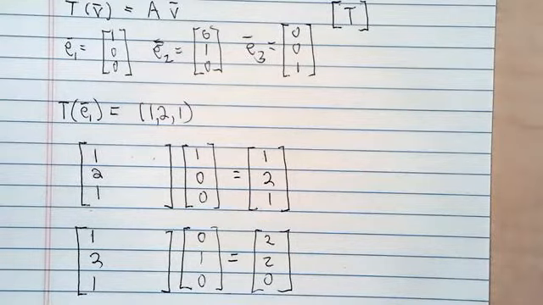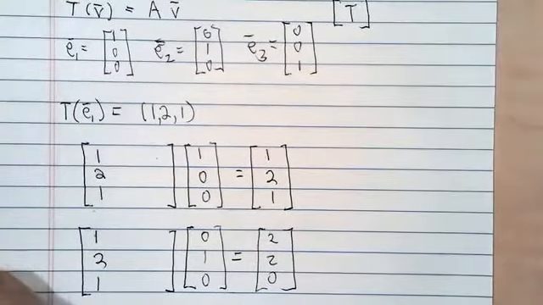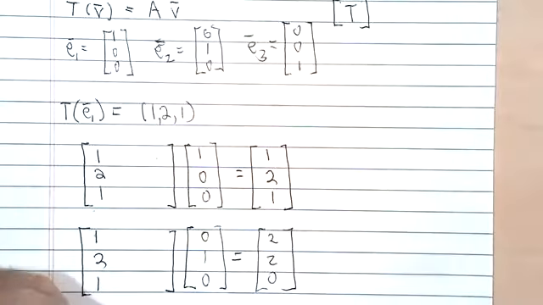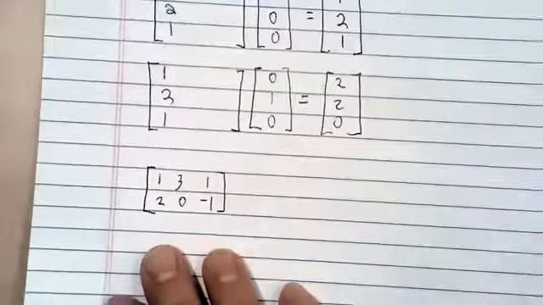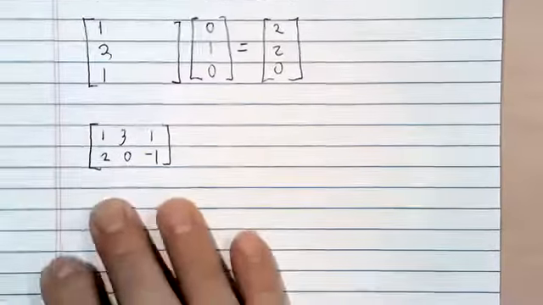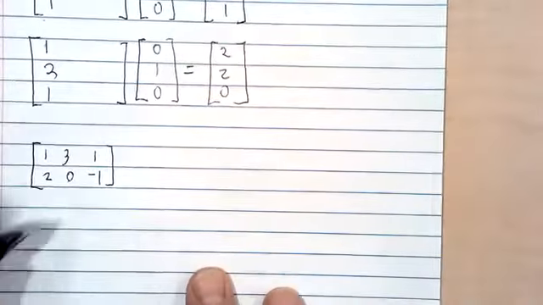By the way, there's no reason that you can't have a linear transformation that takes vectors in R3 and creates vectors in R2. That would be fine. It all has to do with the size of the coefficient matrix. If I start with this matrix here, now this has absolutely nothing to do with this previous problem. This is a new one.